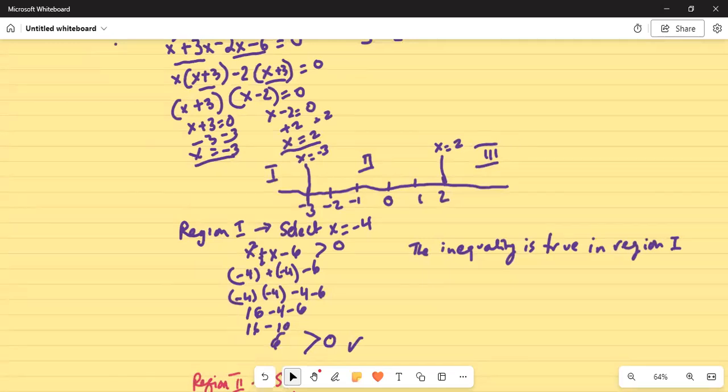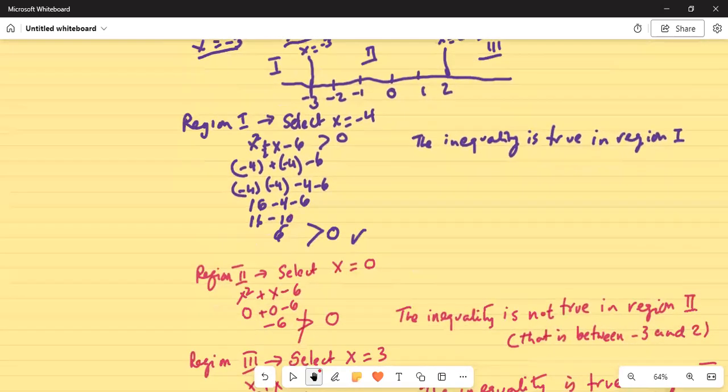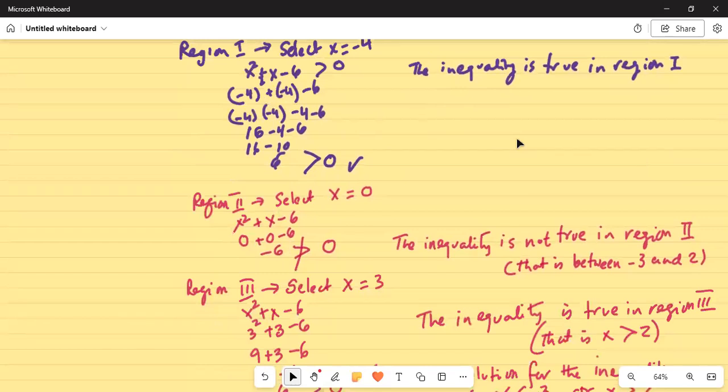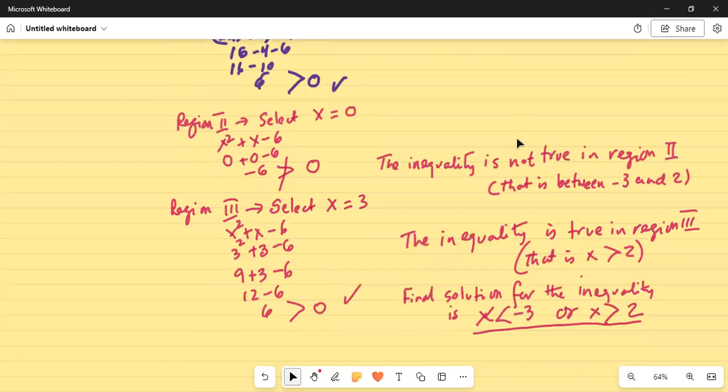In each region I selected a point to show if the inequality is valid or not. So it's valid in region 1, it's not valid in region 2, but it is valid in region 3, which is greater than 2. Hence, the final solution for the inequality is x has to be less than -3 or x greater than 2.